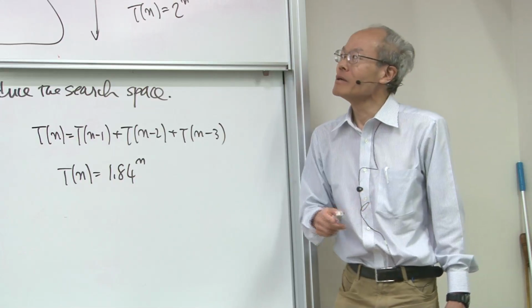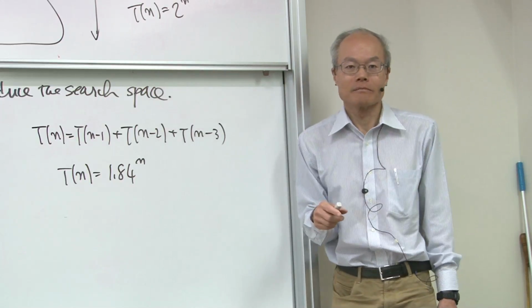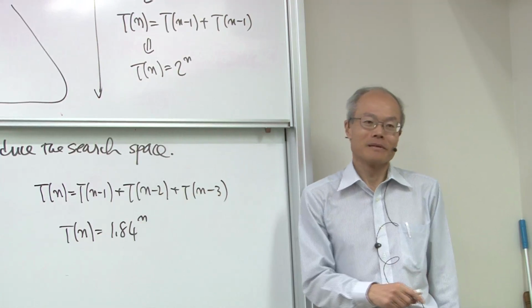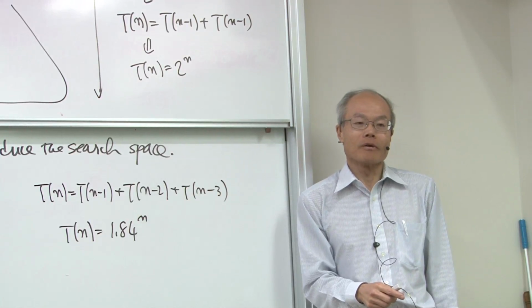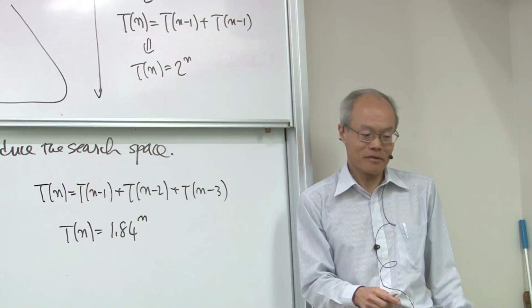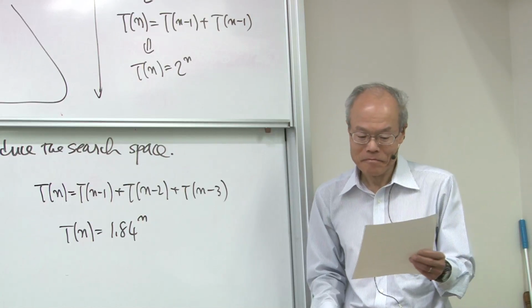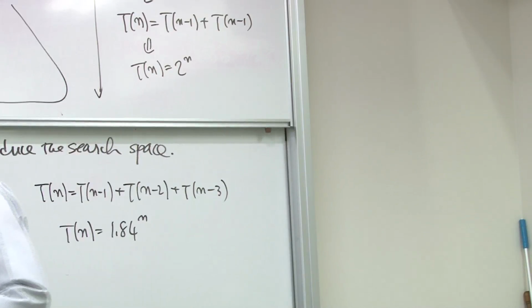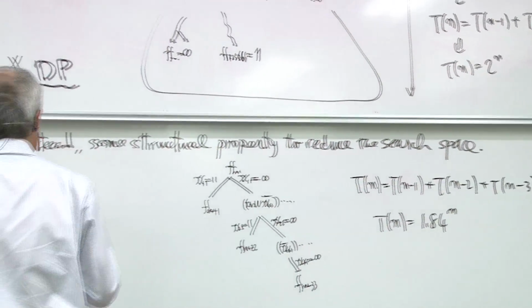Okay? Now it's much better than 2 to the n. This is exponential speed up. This is what I call exponential speed up. Great.